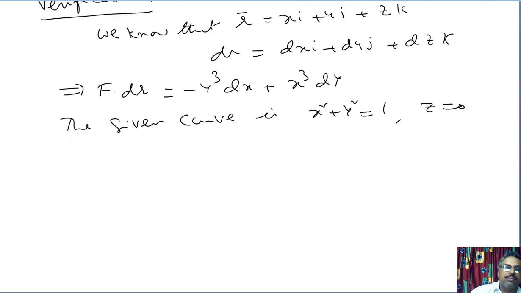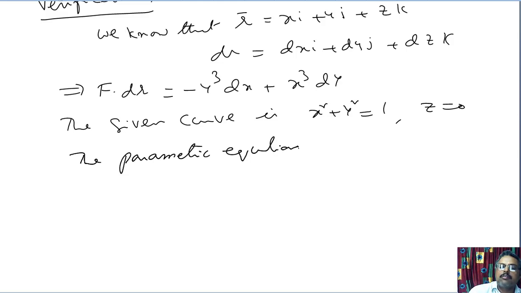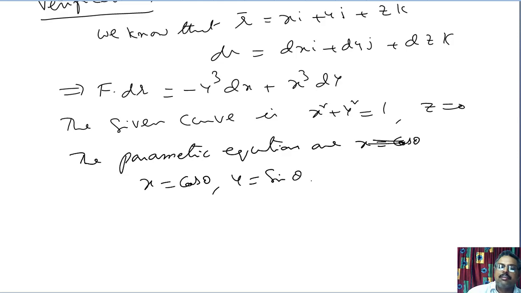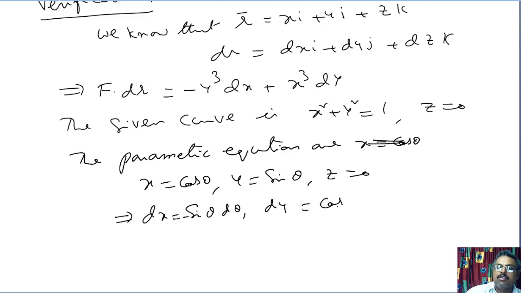The parametric equations are x equals cos theta, y equals sin theta, because the radius is 1, and z equals 0. Then dx equals minus sin theta d theta, and dy equals cos theta d theta.